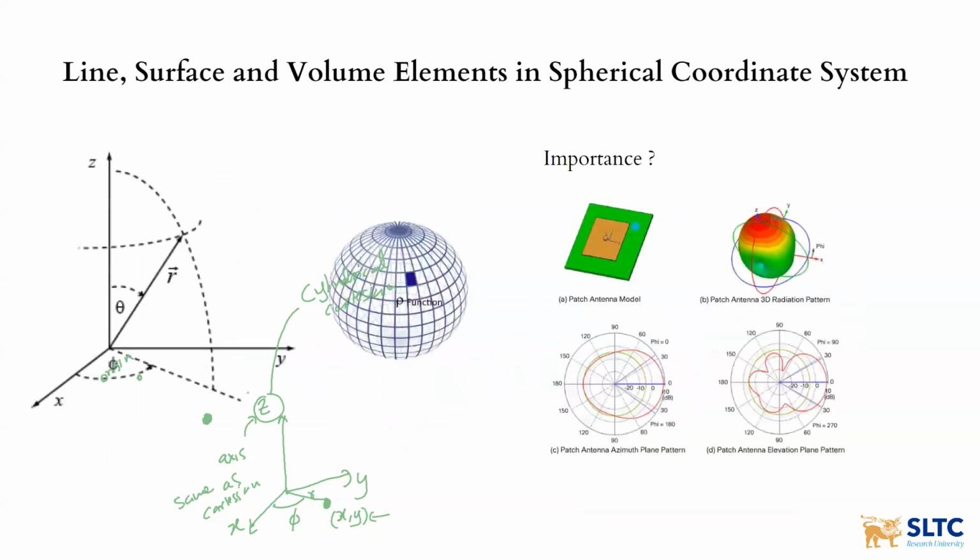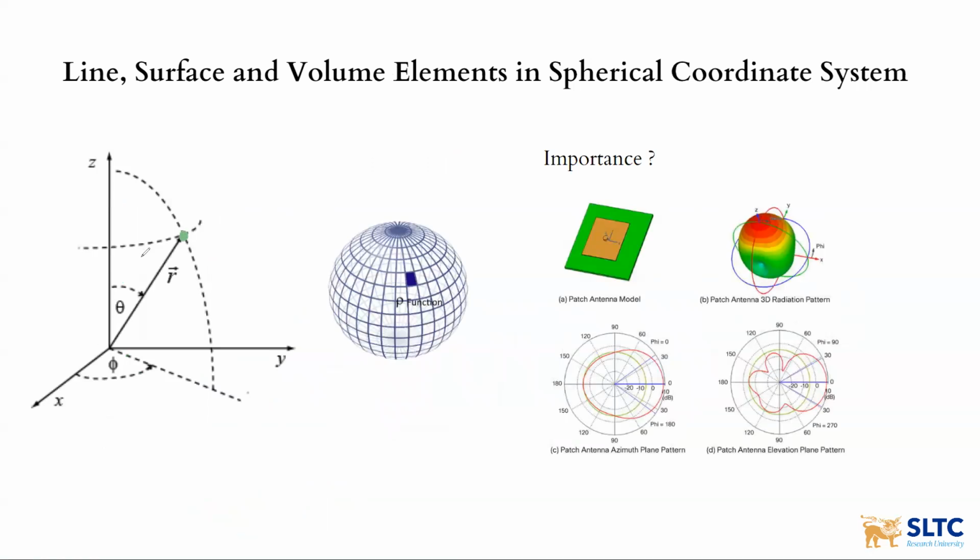And then we have the spherical coordinate system, where another parameter gets added. If we want to define a position using our spherical coordinate system, we have to consider three parameters: the length or radius from the origin to the point that we consider, then the angle from the x-axis to that point, which is defined by phi, and then the angle from the z-axis towards this point.